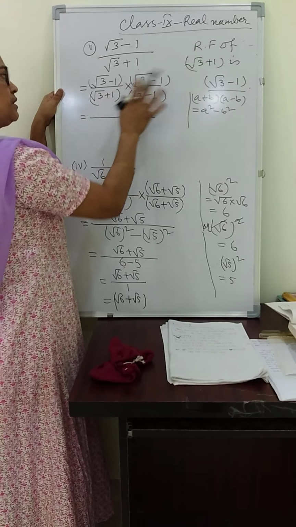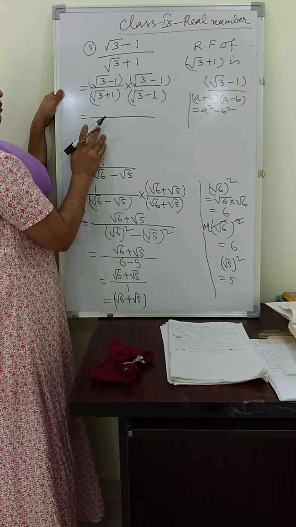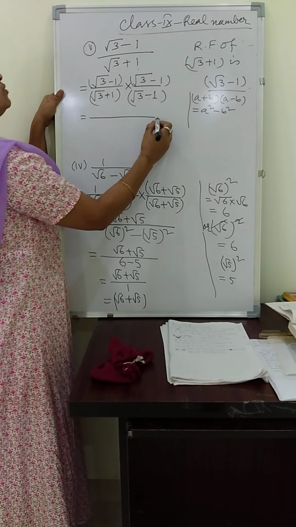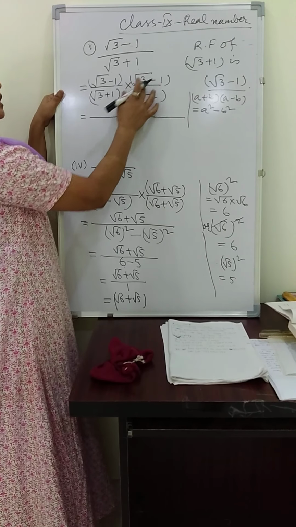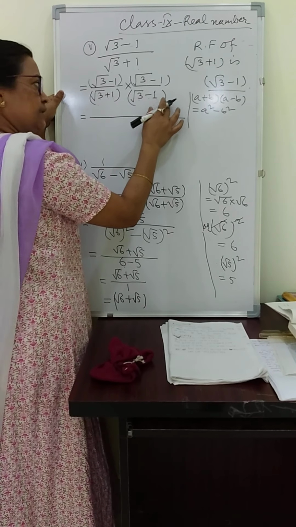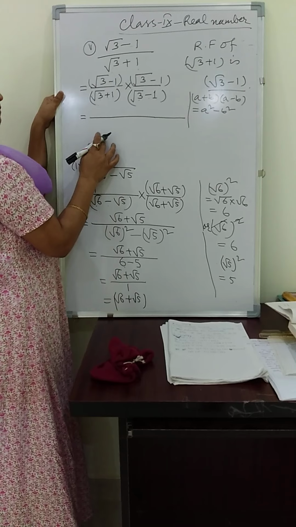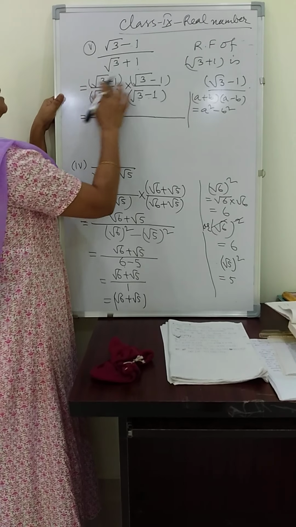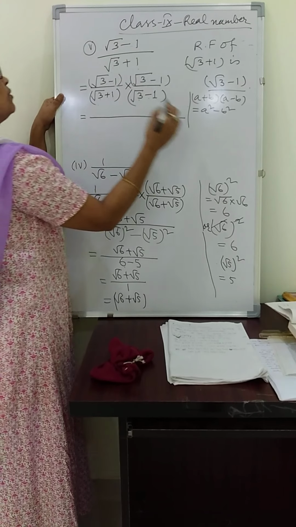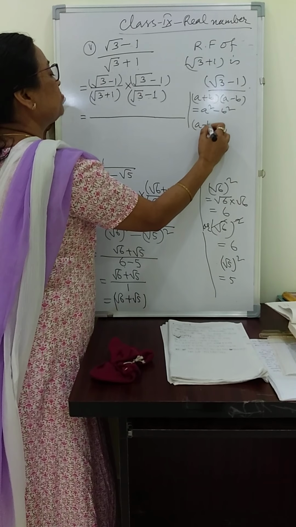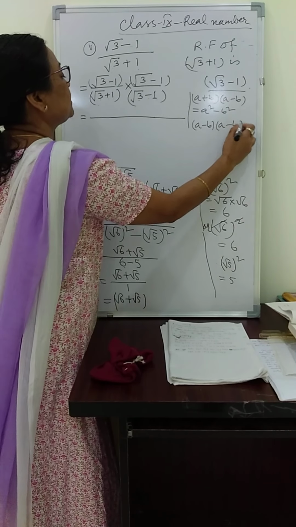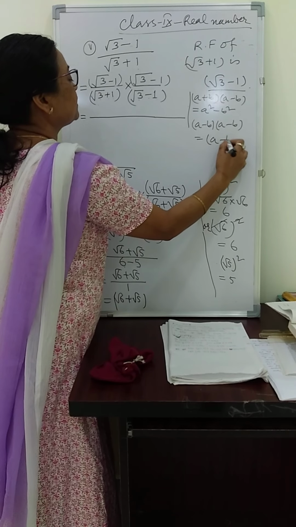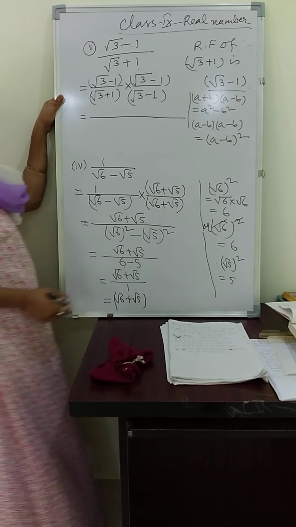Or simply you multiply also. No problem, whatever you like. If you want to multiply, then also okay. Or if you use the identity, that is also okay. So I am using here the identity for the same factor. We know that a minus b into a minus b will give a minus b whole square.